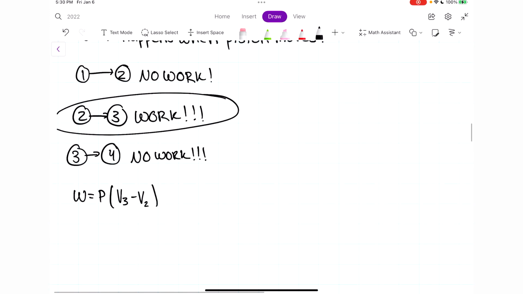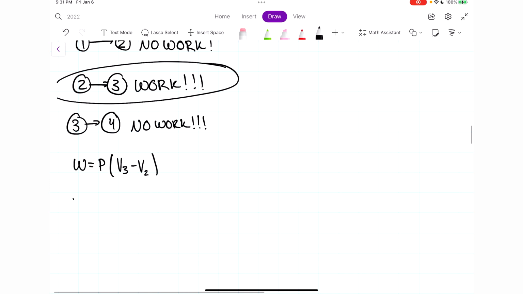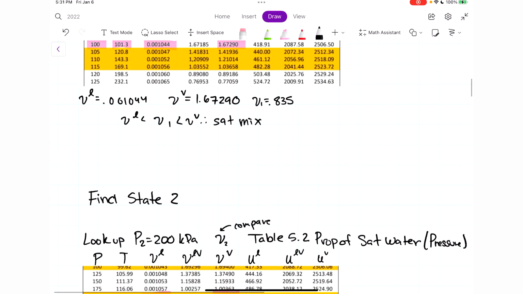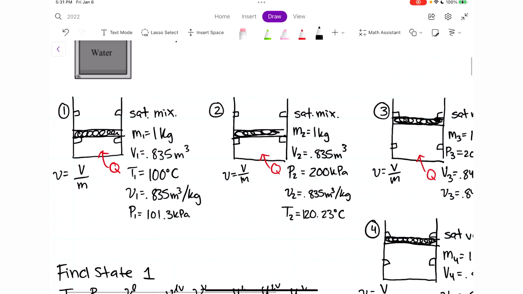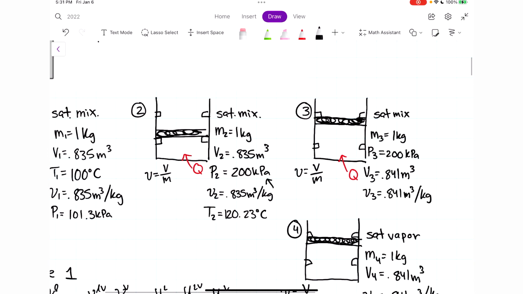So we'll go ahead and calculate that. So work is equal to 200 kilopascals, right? Because this is going to be the initial pressure. So in state 2, which is our initial state, the pressure is 200 kilopascals.